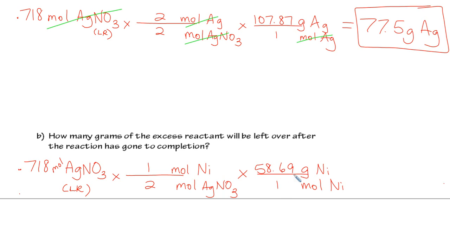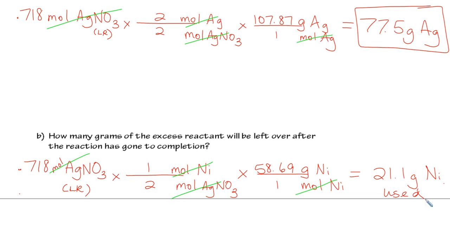So you could plug this all in your calculator. Everything should line up. Moles and moles cancel. I'm out of silver nitrate. I got over to the nickel. Moles of nickel cancel, so I'd be at grams. If I plug this in with about 3 sig figs, 21.1 grams of nickel. That's the amount used, the amount that gets reacted.